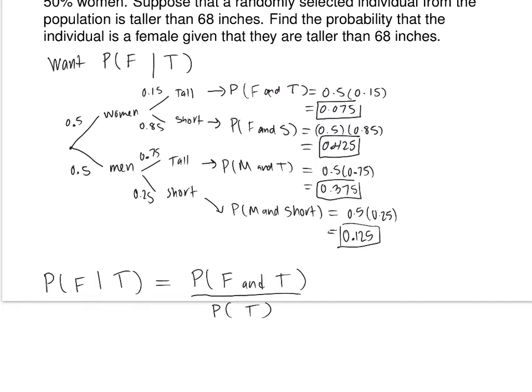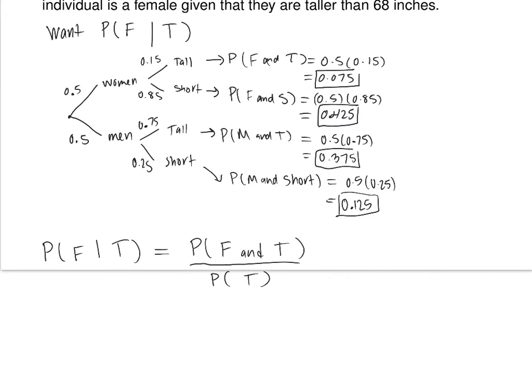Now, F and T, that event is the end of one of these tree branches, right? Which one? The first one, 0.075.